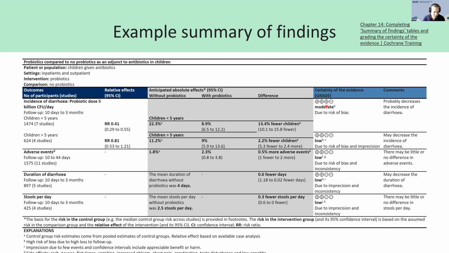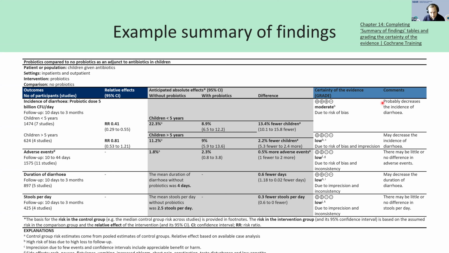There should be explanations, footnotes for the table, explaining why the authors have come to a particular judgment. And you as a reader may want to disagree, or it may be that your setting is different, and therefore you would come to a different judgment if you were wanting to apply this evidence to your setting.